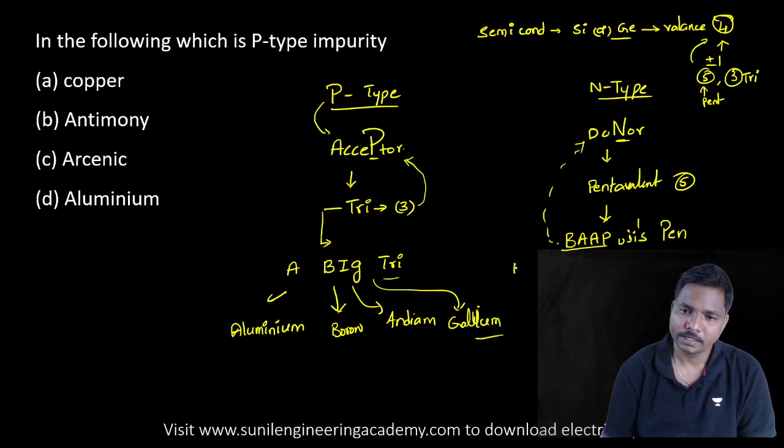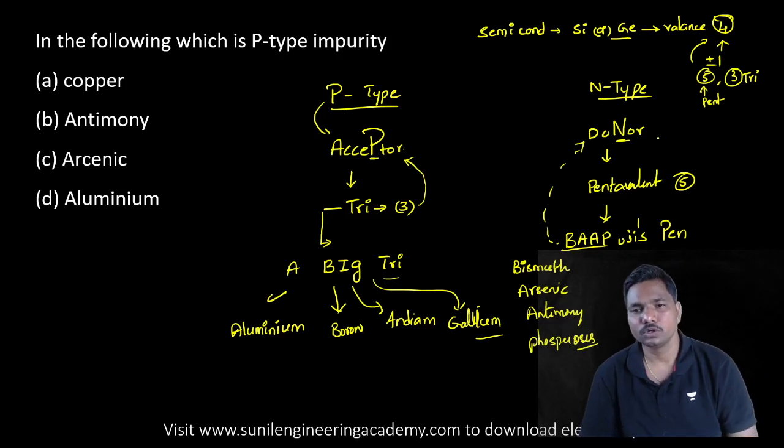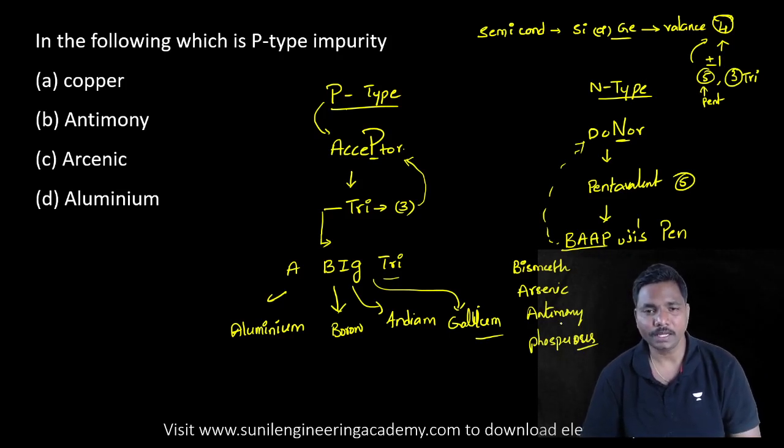B for bismuth, A for arsenic, and again A for antimony and P for phosphorus. Okay, so in this way you can simply remember.